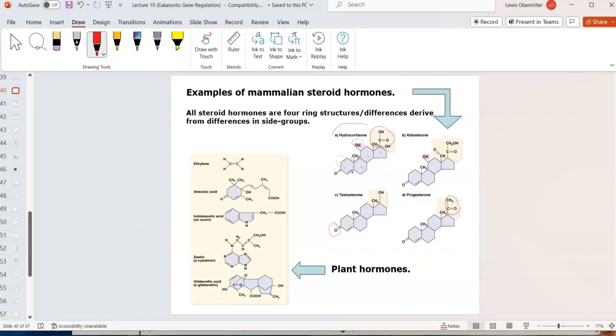So ketone located here, C double bond to O is a ketone. We forgot that. This is a carbonyl group. This is a methyl group. Anyway, I'm not going to expect you to know all that stuff. These are plant hormones, so basically I just want to show you that they're lipids.